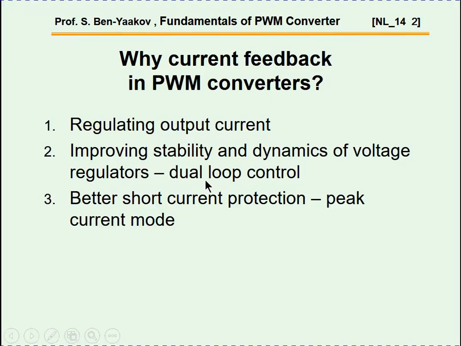And we'll see that the current feedback offers many advantages over the basic voltage mode controller. Another reason for using current feedback is a better short current protection. That is, a system with a peak current mode has a built-in protection, and we call it a cycle-by-cycle protection, so as to protect the transistor from overcurrent. And we'll see this in a while.